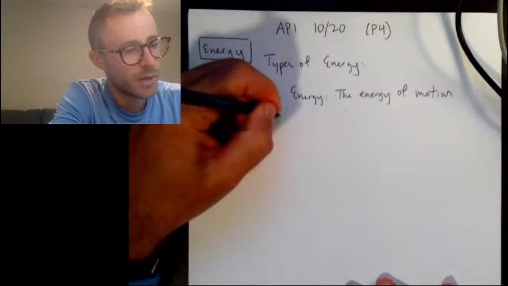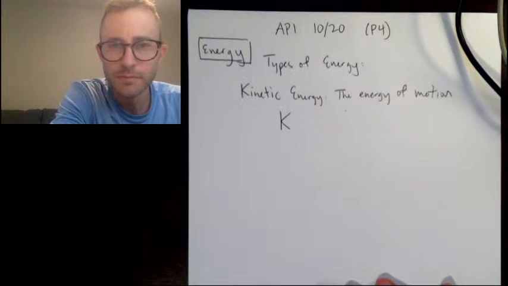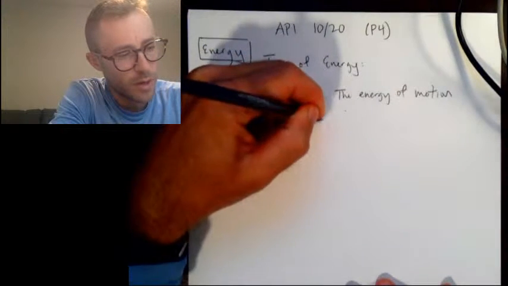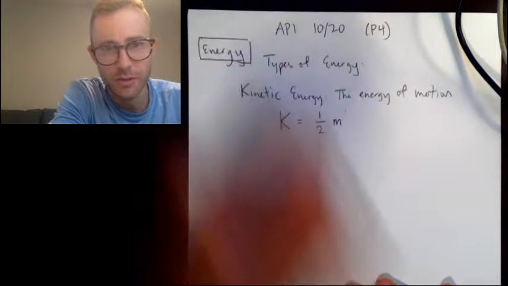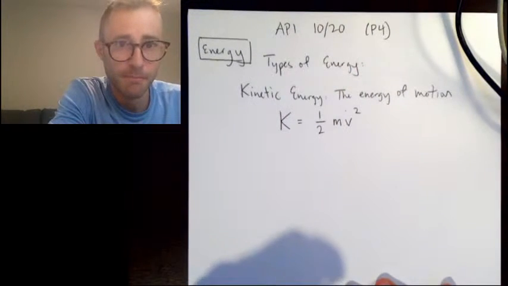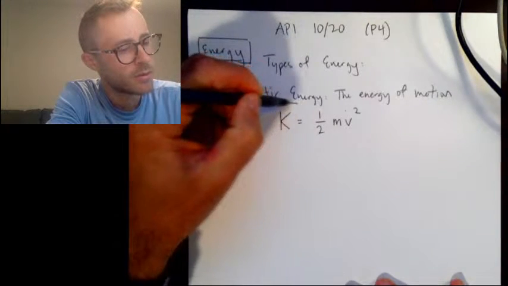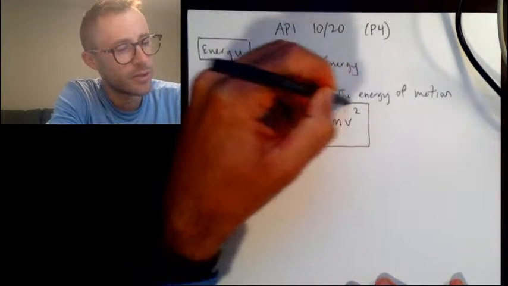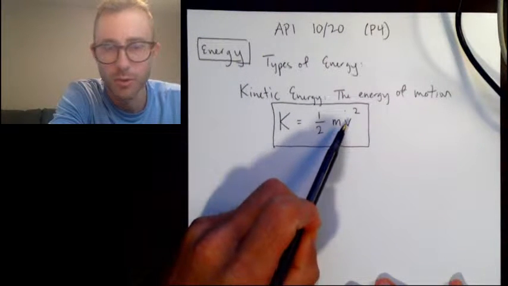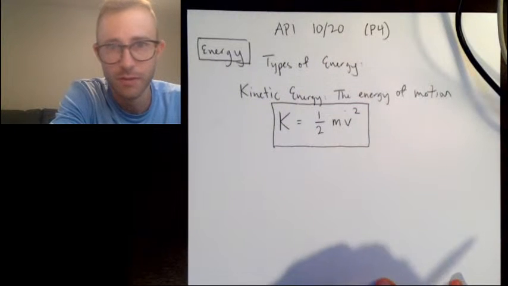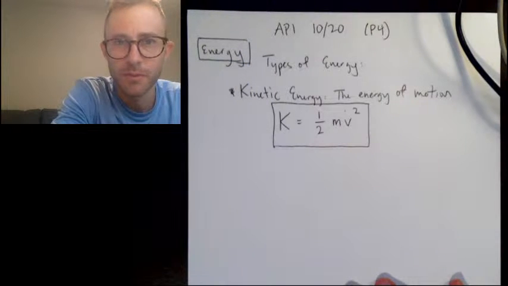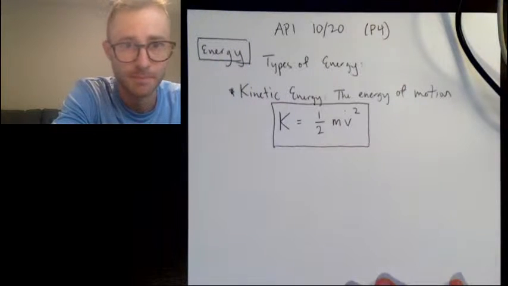Kinetic energy is denoted by K, and the formula for kinetic energy is 1/2 times the object's mass times its speed squared. So you can see why it's called kinetic energy, because it depends on the speed. The more speed you have, the more kinetic energy you have. So this is probably the most fundamental form of energy.